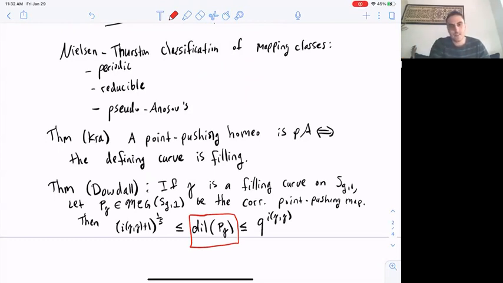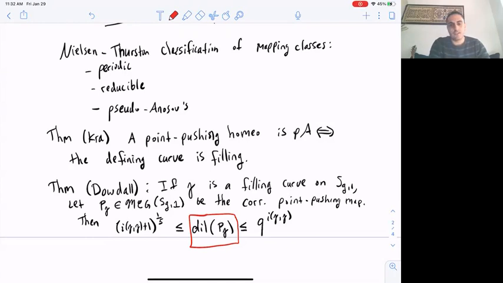of the map. Okay. But the problem is that when you write down a curve on the surface that fills the whole surface, it looks very complicated. There is a way that you can literally draw the image of a curve under point pushing by that curve. You just kind of drag it along. The picture is going to look very complicated, but you can do it.